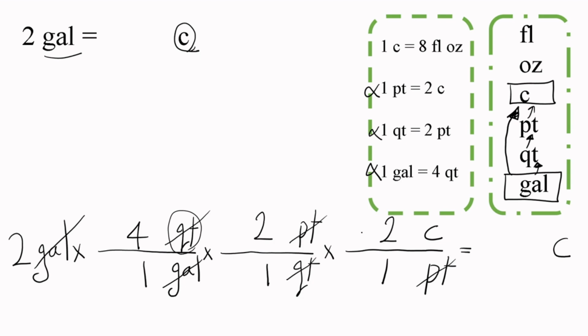So 2 multiplied by 4 is 8, multiplied by 2 is 16, and multiplied by 2 is 32. So 32 cups is the only correct answer of this example.